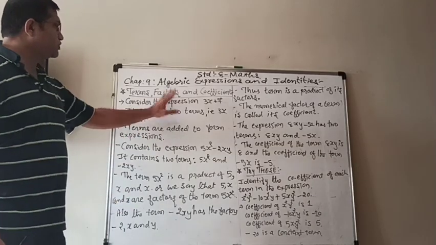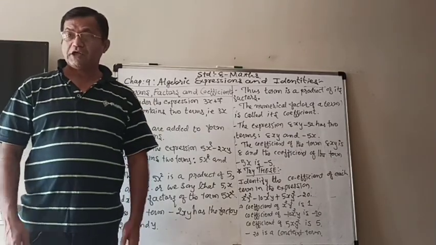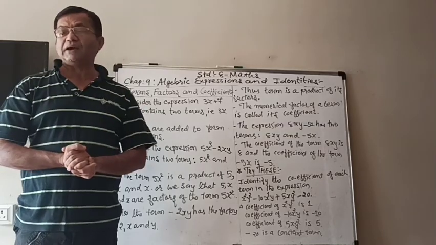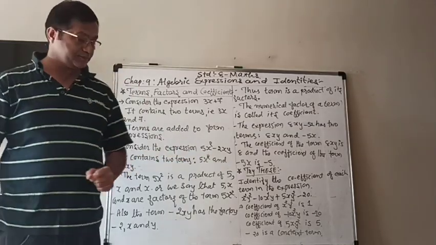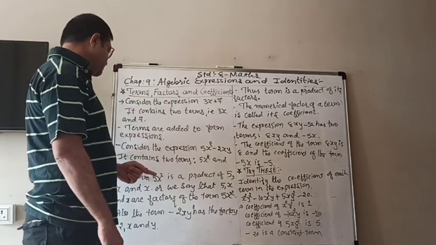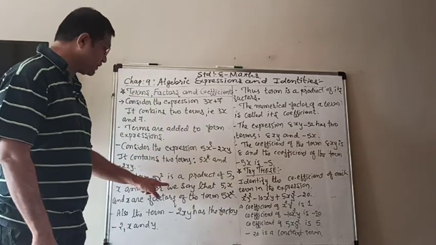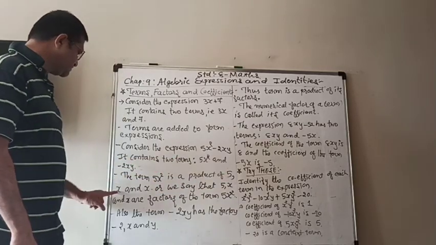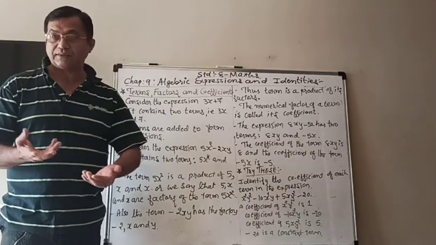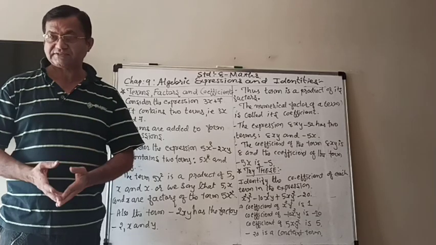Now we go to the factors. So take a particular term, like the first term here, 5x square. How do we get 5x square? The term 5x square is a product of 5, x and x, because x square means x into x.